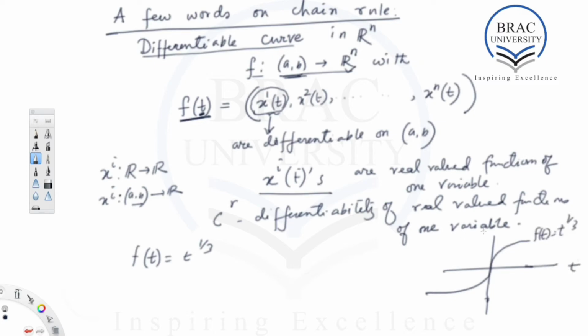This is t, this is f(t). This function is continuous at the point (0,0). At the origin it's continuous, but it's not differentiable at (0,0), because the tangent to the curve at (0,0) is vertical. So the derivative does not exist at that point.